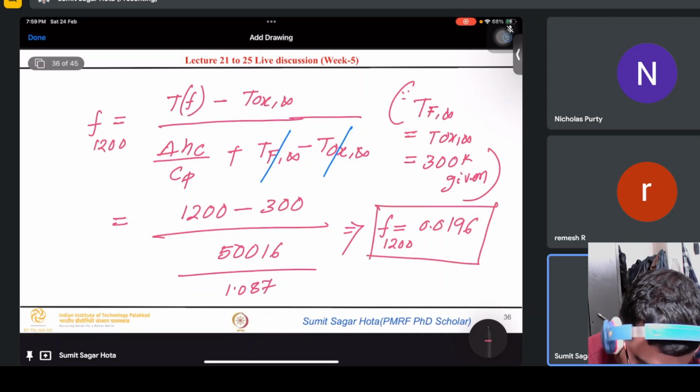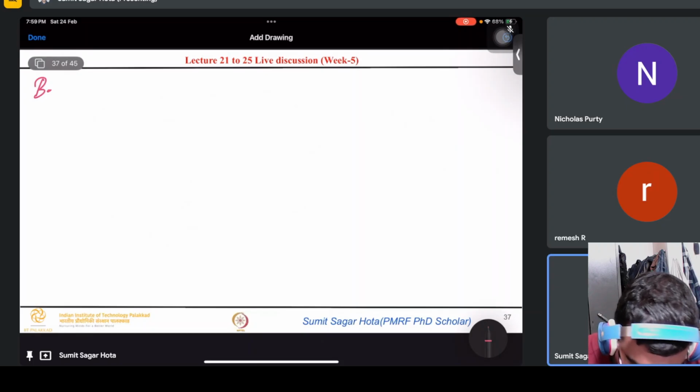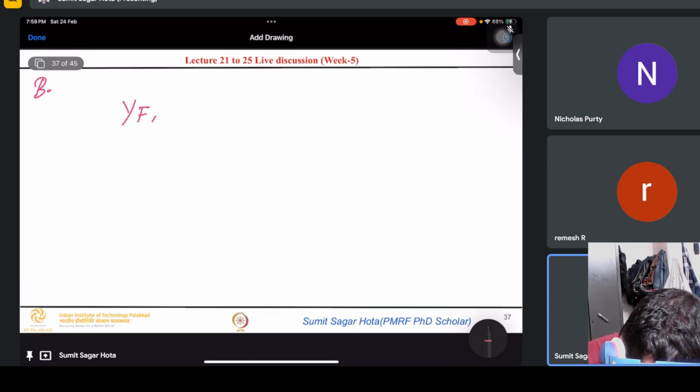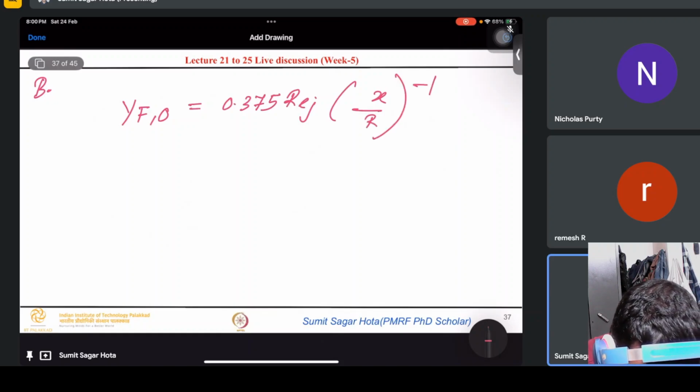Next part, you need to find the axial distance x. One formula: the fuel mass fraction Y at the center line is equal to 0.375 Re_j times r over x, inverse. And what is this Y_F0?